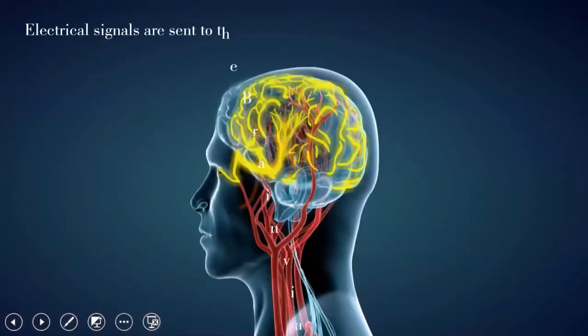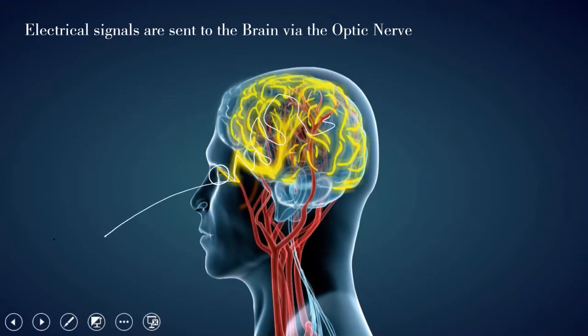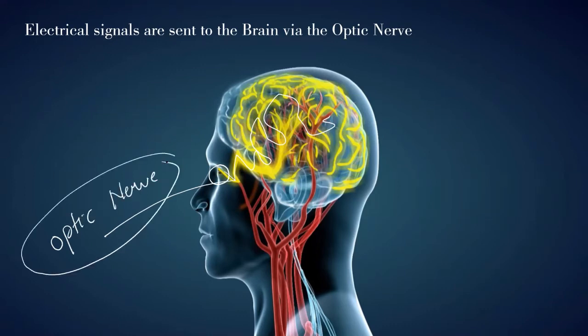Now, as these cells get activated, what happens from the human eye? They send electrical signals to the brain. How is this electrical signal sent to the brain? It is sent to the brain via the optic nerve. This is the optic nerve which sends these electrical signals to the brain.